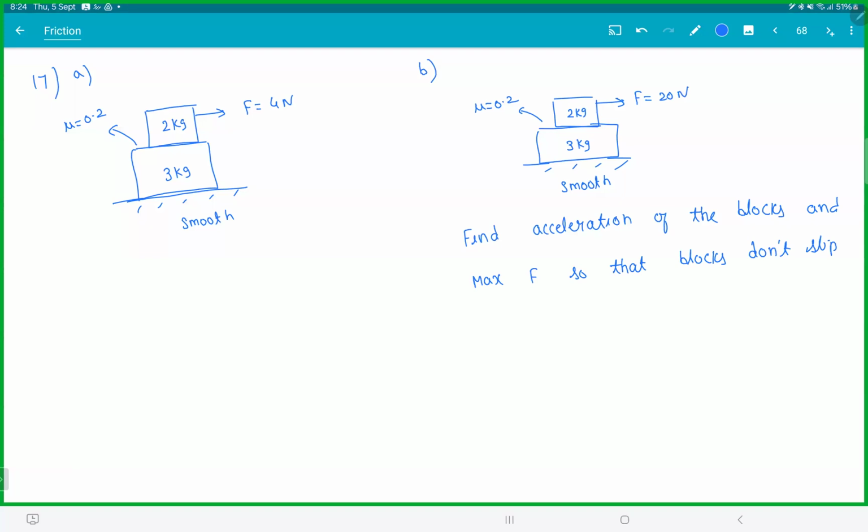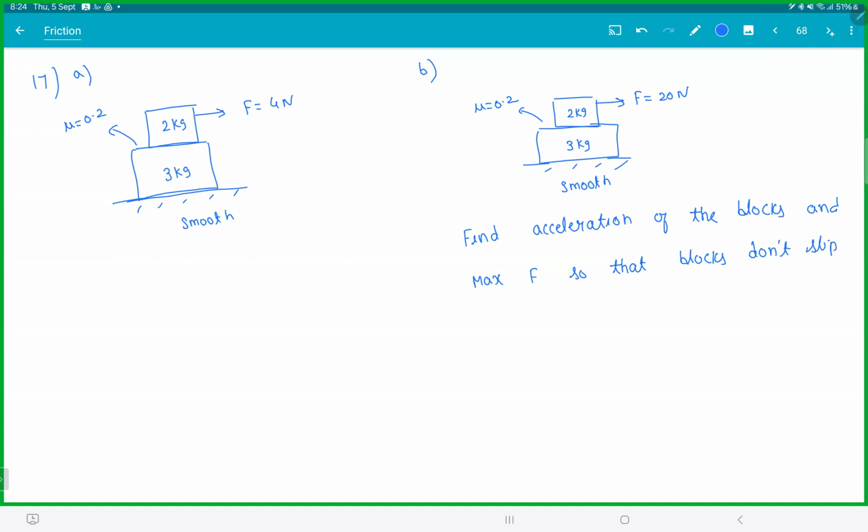What do you think, Ojas? What do you mean, the whole system here? I'm confused. There are two blocks, 2 kg and 3 kg. Can you show me how you can apply it on the whole system? No, I meant, are they applying it only on the 2 kg block? That's what I'm saying.